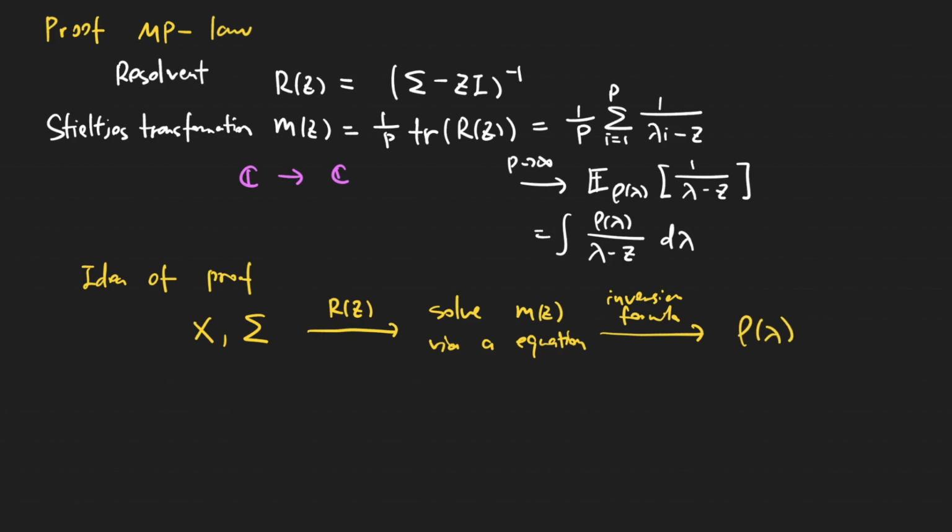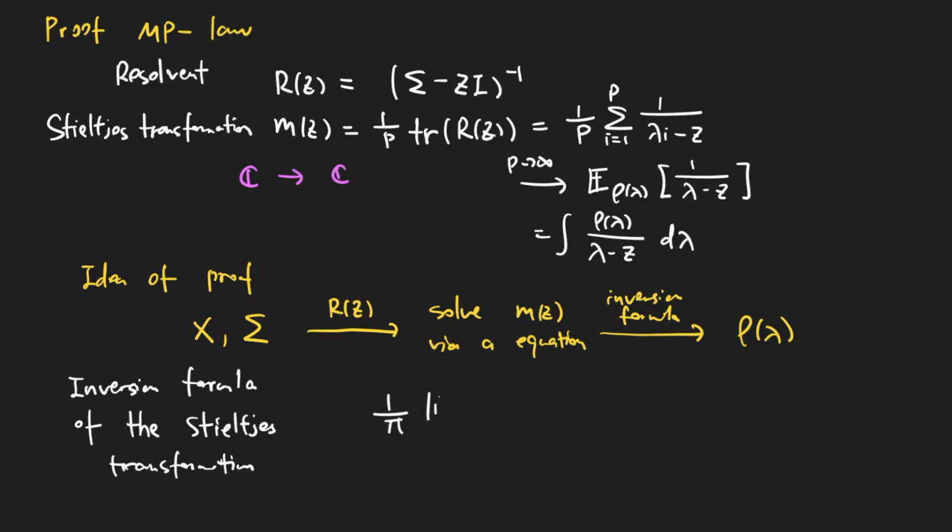So we have shown last time that the inversion formula of the Stieltjes transformation can be written as 1 over pi times the limit as v goes to 0. In here, because z is complex, right?